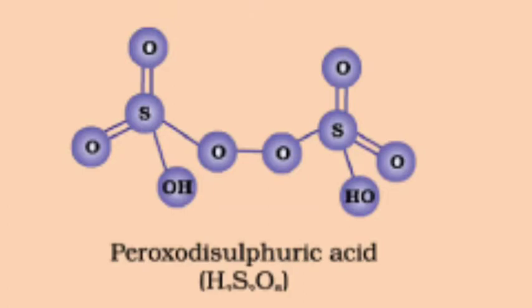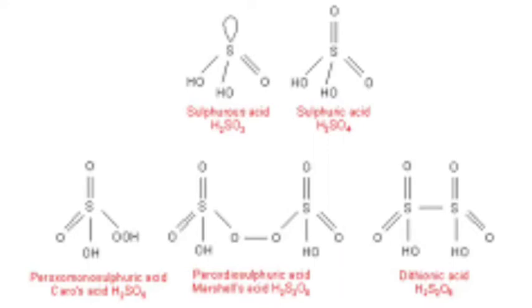The next important oxo acid of sulfur is peroxodisulfuric acid, H2S2O8. The same structure as pyrosulfuric acid, but the thing is two sulfuric acids are united together by two oxygen atoms. That's all about oxo acids of sulfur.